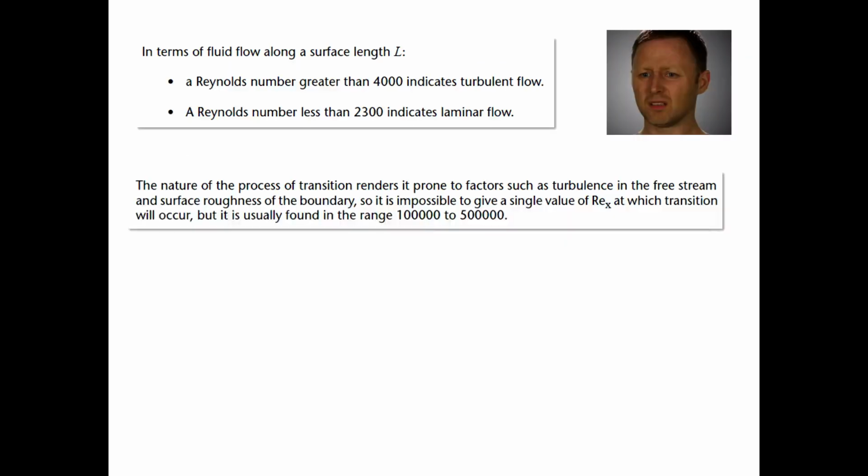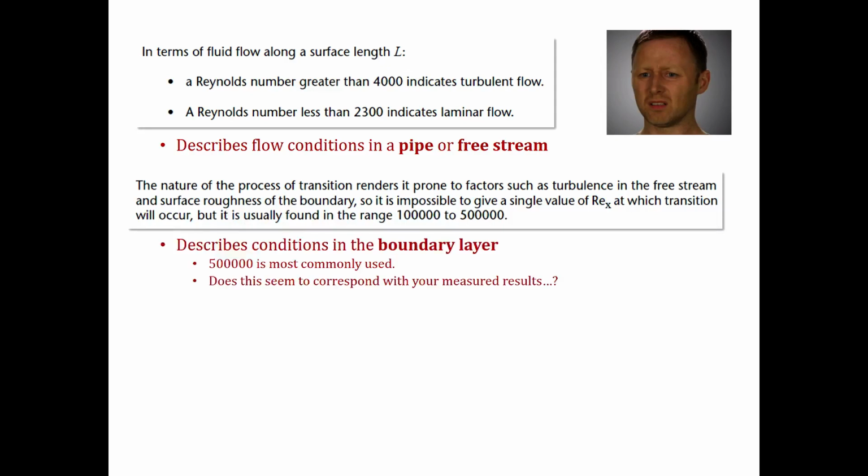If you're getting confused and thinking, hang on, 10 minutes ago you said you get a turbulent flow when it's over 4,000, and now you're saying it's turbulent when it's over 500,000, those are different types of flow. A Reynolds number greater than 4,000 produces turbulent flow in a pipe or in a free stream. A Reynolds number of over 500,000 indicates turbulence just inside the boundary layer. So there are two different types of behavior going on there.